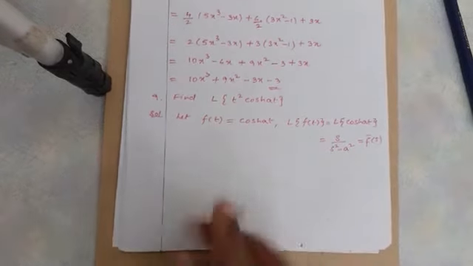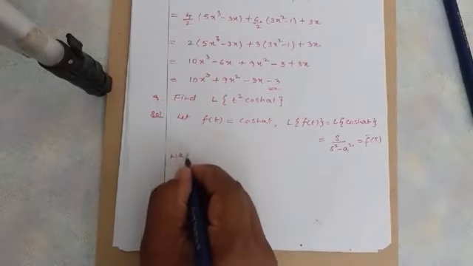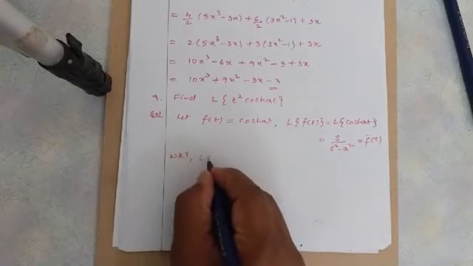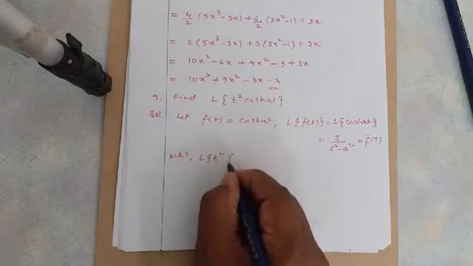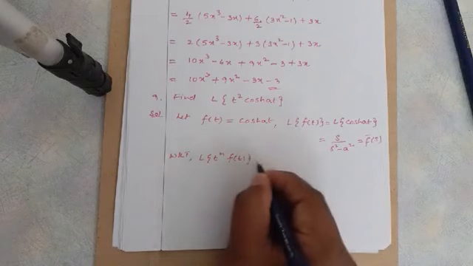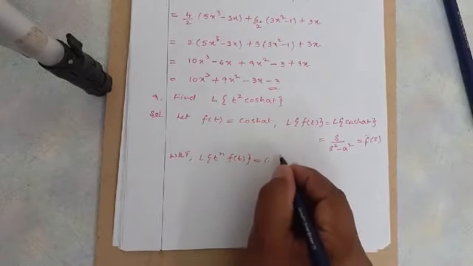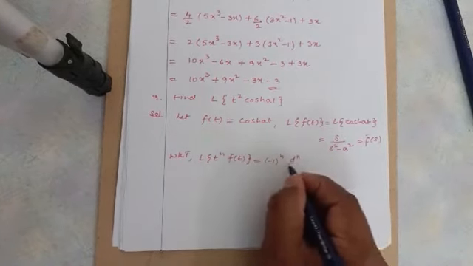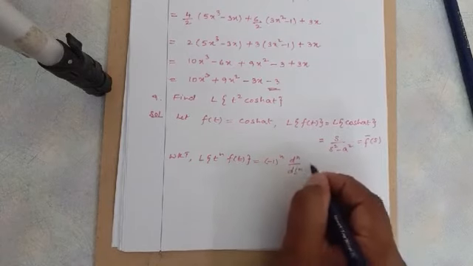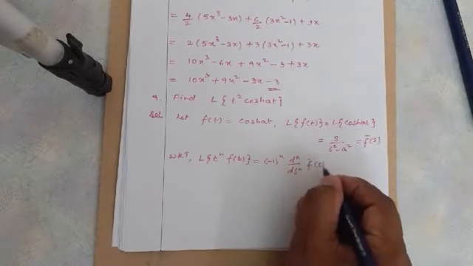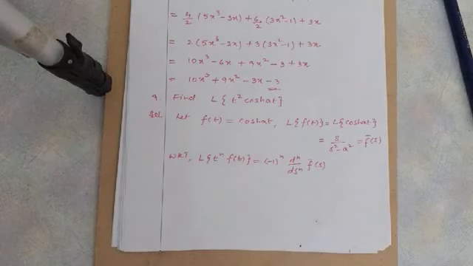Now we know that Laplace of t^n f(t) is equal to (-1)^n d^n/ds^n f bar(s).